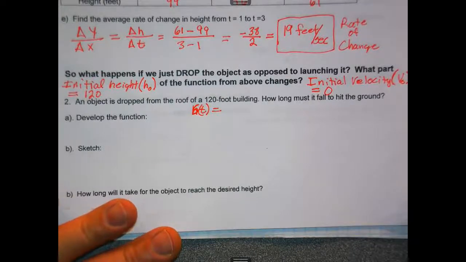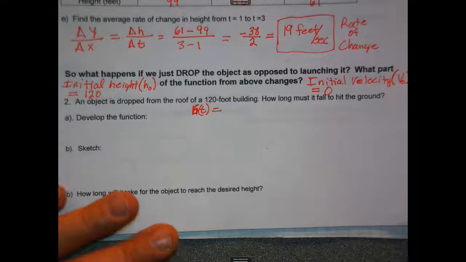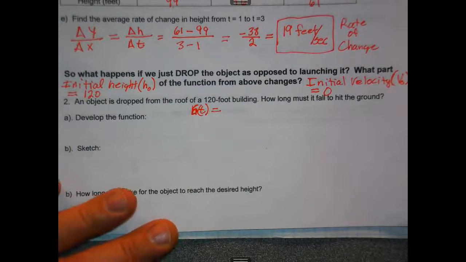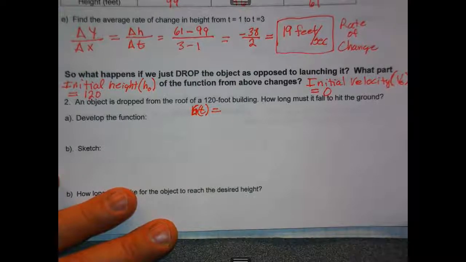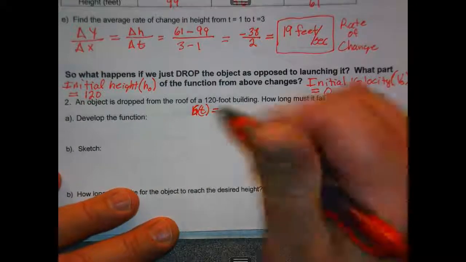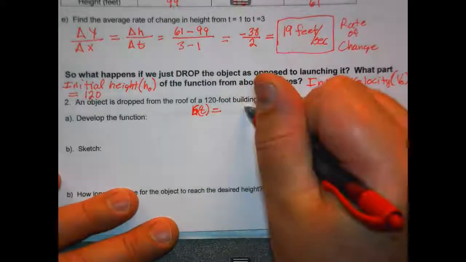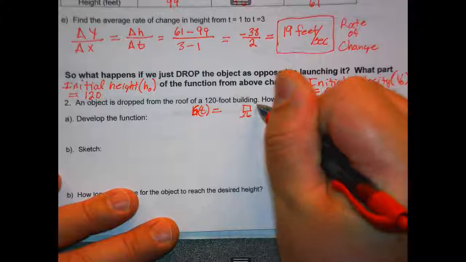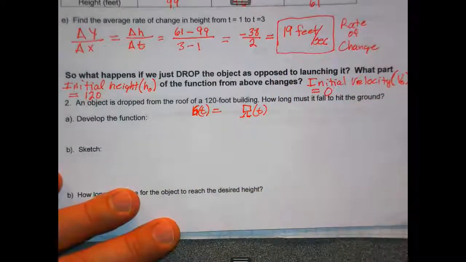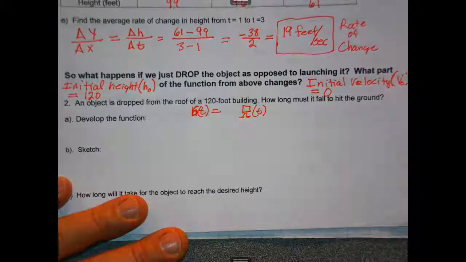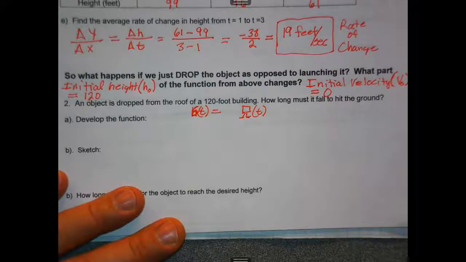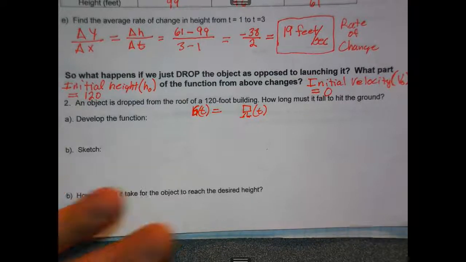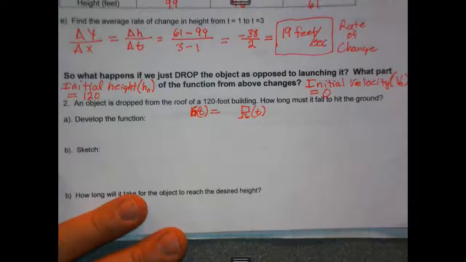You can use whatever you want as a variable. You can use SpongeBob of t. Okay? You can use anything you want. Doesn't matter. I don't know. You can just use whatever you want.